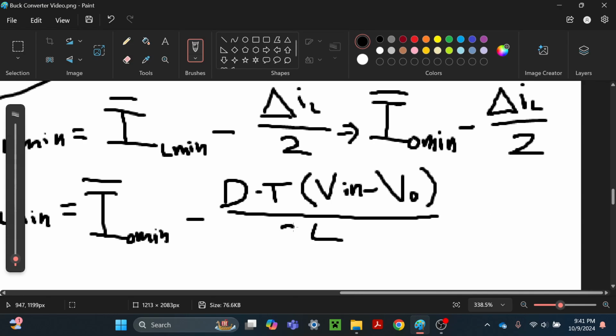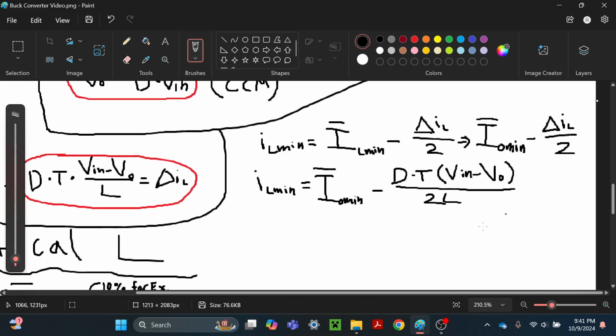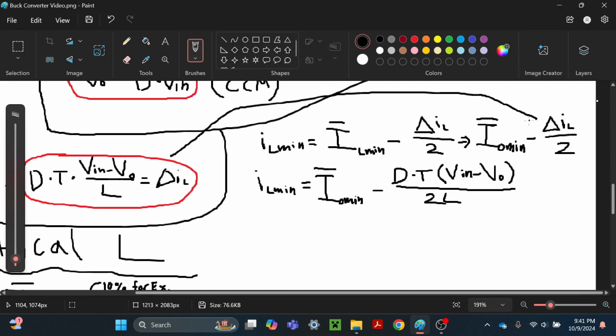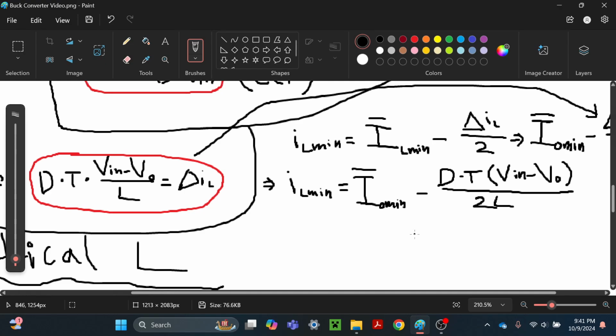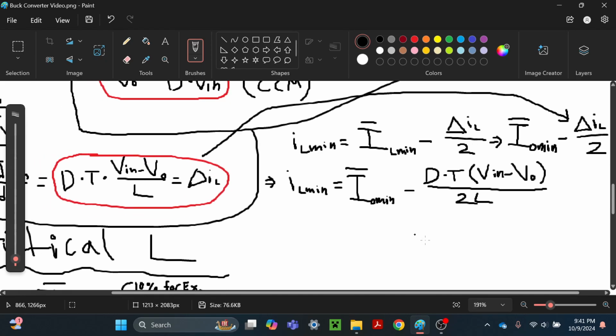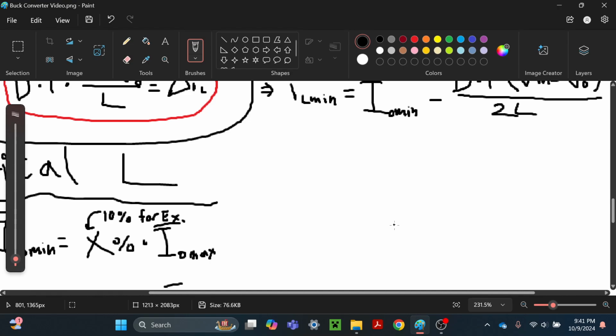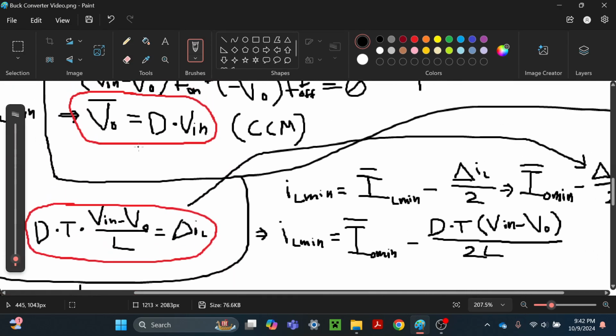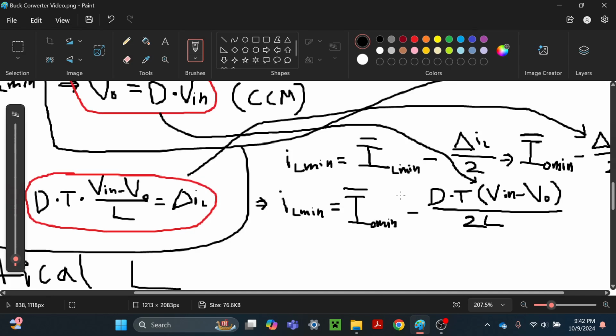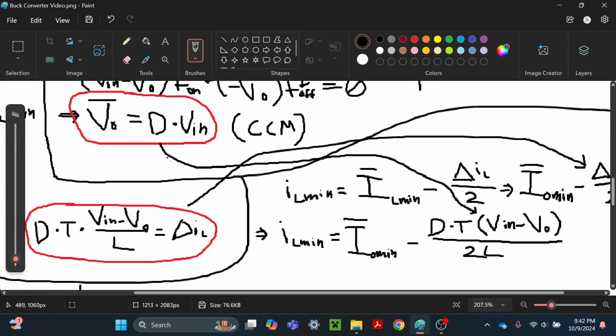And then this is all divided by 2. So then we can further simplify this by saying V in, remember from our transfer function, V out is equal to the duty times V in.